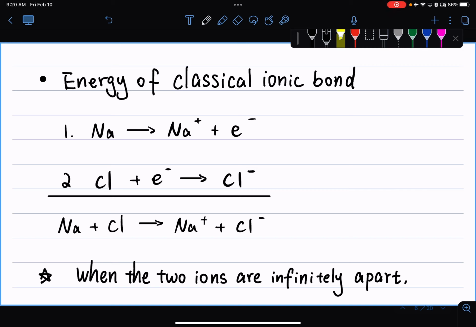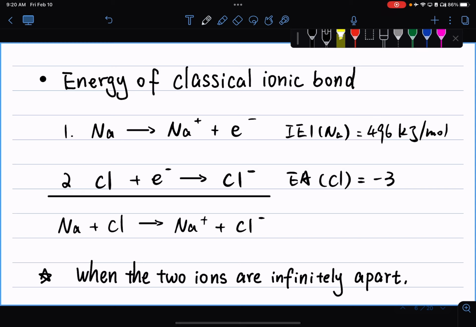And here are some numbers. The first ionization energy of sodium is measured to be 496 kilojoule per mole. All right, that's to move the electron infinitely away from a neutral sodium. Then the electron affinity of chlorine, the energy for chlorine to gain an electron, is negative 349 kilojoule per mole.